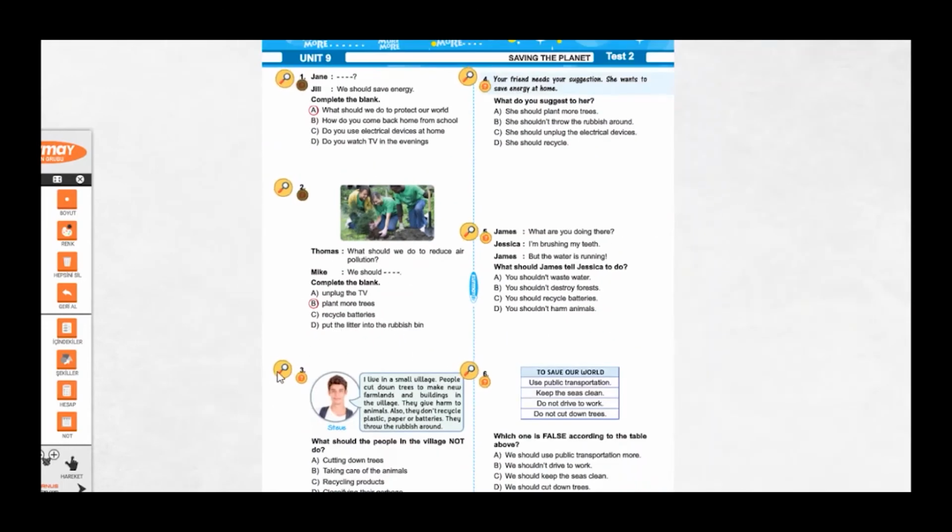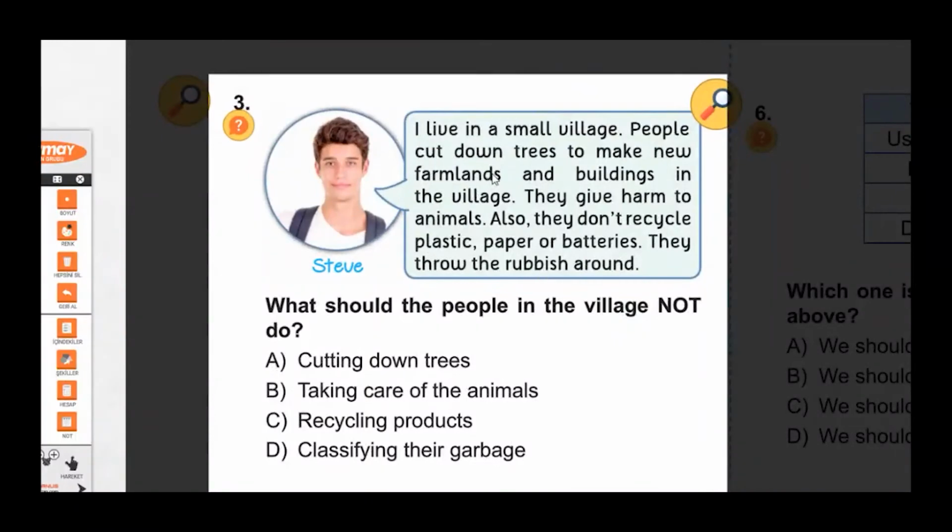3. I live in a small village. People cut down trees to make new farmlands and buildings in the village. They give harm to animals. Also, they don't recycle plastic, paper, or batteries. They threw the rubbish around.